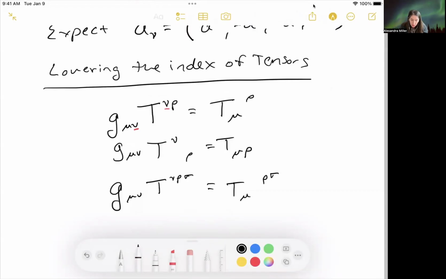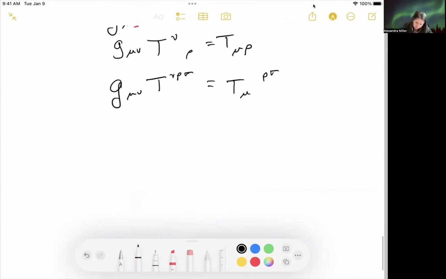Okay, so that's how we lower indices, but what if you're given an object with a lowered index and you want to raise it? We're going to do this with the inverse metric.